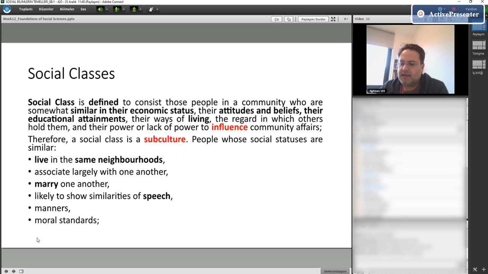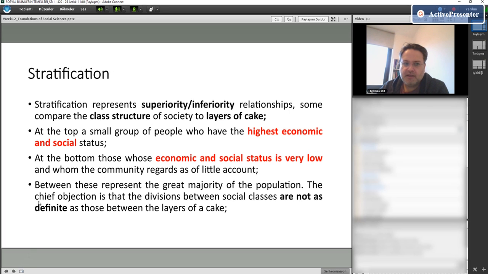Therefore, a social class could be considered a subculture, people whose social statuses are similar. It could be because people live together in the same neighborhoods, they associate largely with one another, they marry each other, and are likely to show similarities of speech, manners, moral standards. This is something we discussed last week.